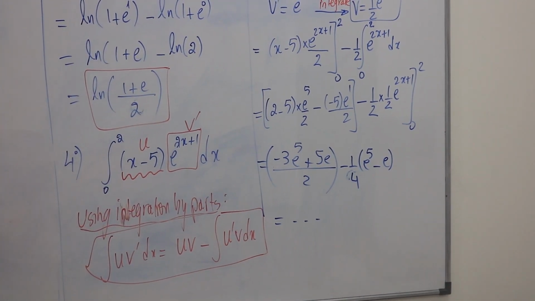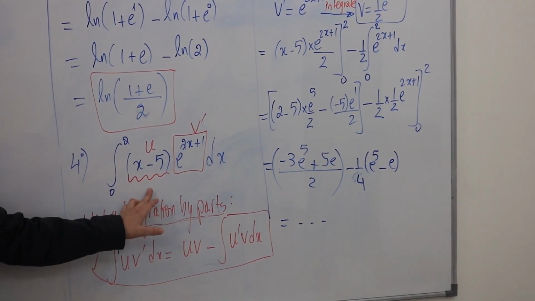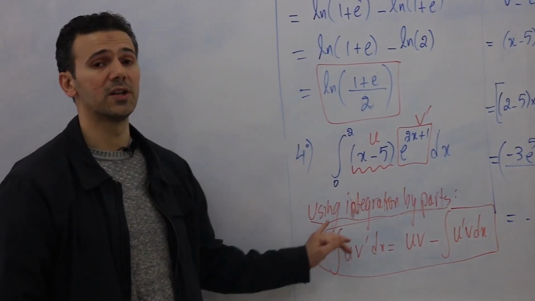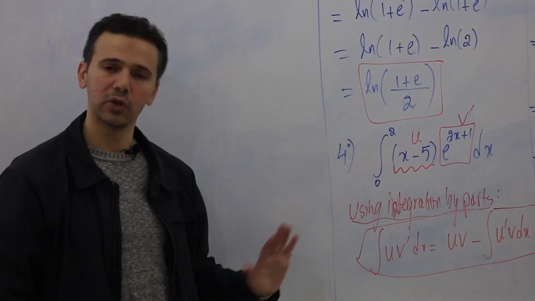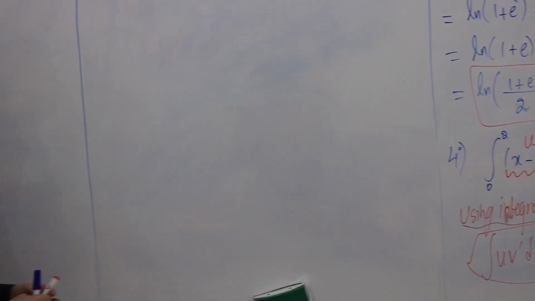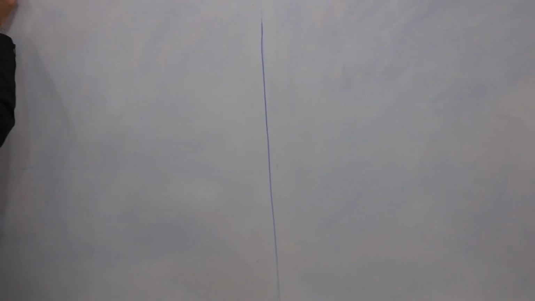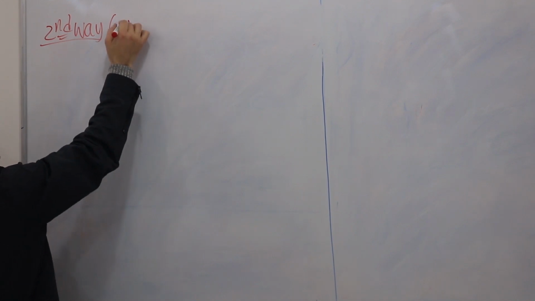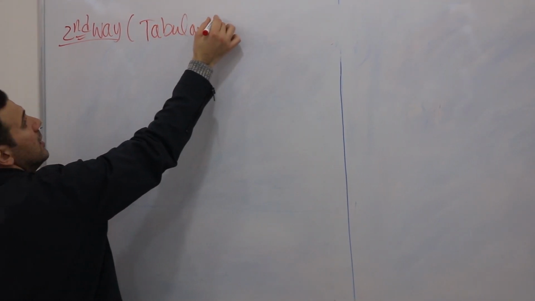Okay? I would like to tell you that there is another way to calculate this integral without using integration by parts, which is quite simple, direct, and you can use it in the official exams. This way is called the second method, or second way. We call it tabular integration.